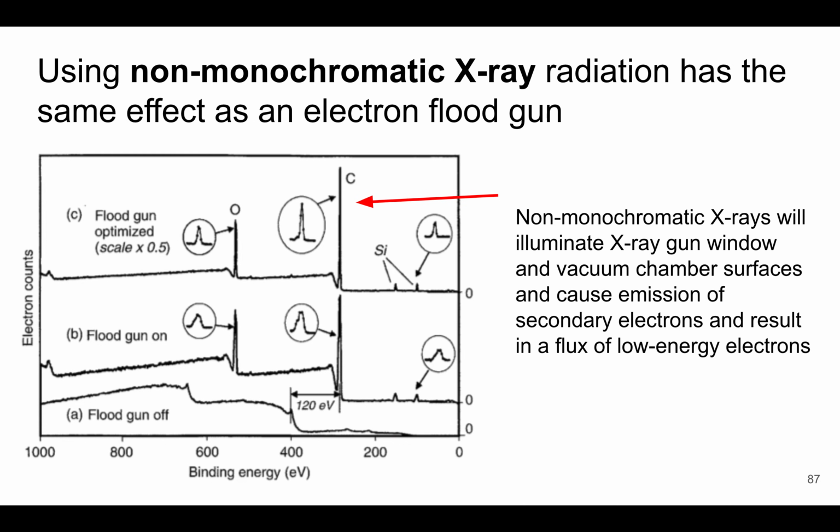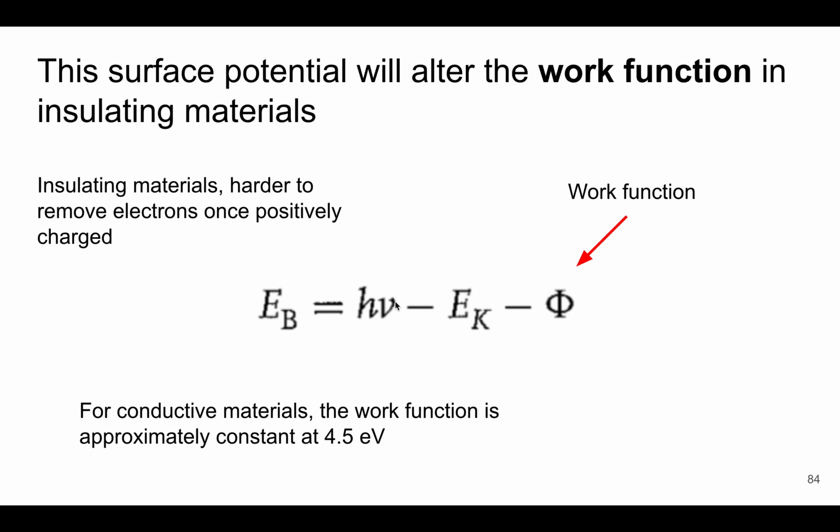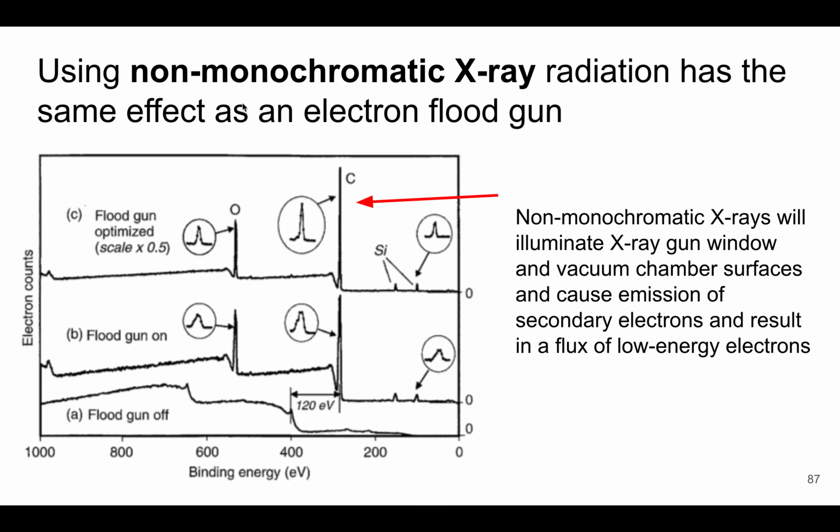Another thing that can reduce this issue is to use non-monochromatic X-rays. We've been talking all of this section and all of XRD about needing monochromatic wavelengths, so that going back to this function here, we know what this is, right? Now we're talking about using non-monochromatic, and the result here is the same. This non-monochromatic X-ray actually does the same thing that the flood gun does.